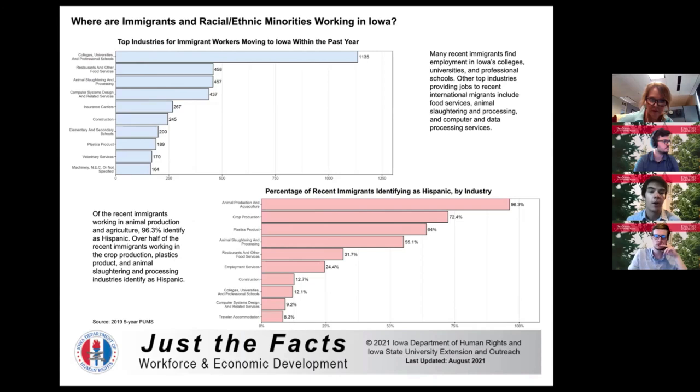By far the largest industry for immigrant workers within Iowa in the last year is related to education, so colleges, universities, and professional schools. And of the recent immigrants working in animal production and agriculture, 96.3 percent identify as Hispanic or Latino. That is by far the largest industry by percent race or ethnicity.